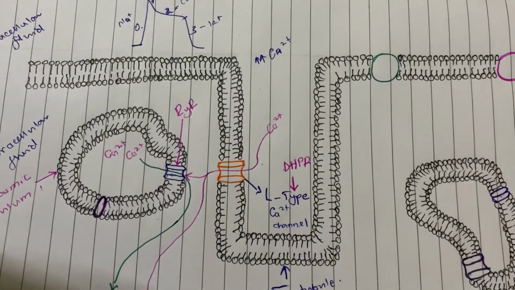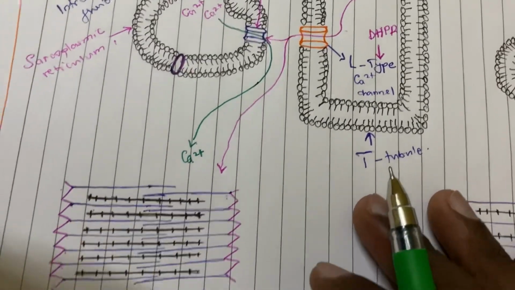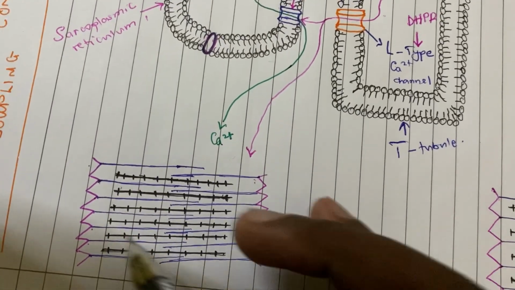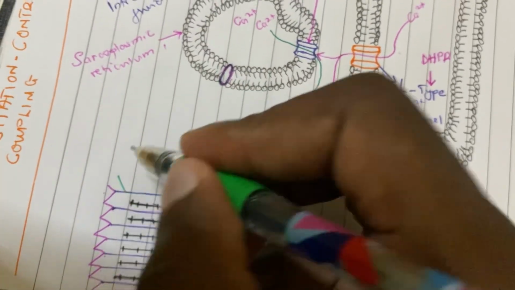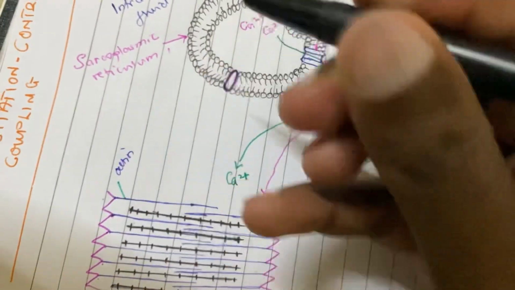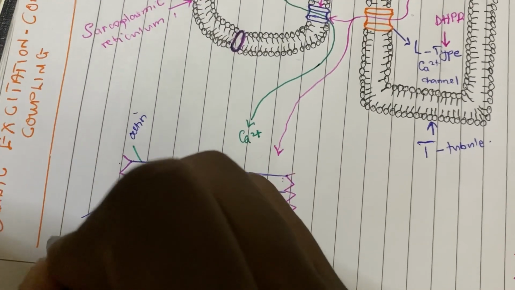Whenever it moves into the sarcoplasm, know these are contractile proteins. So we have the Z line here. This is the actin, and this one in black is the myosin.